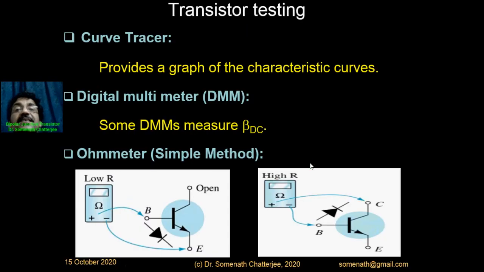Okay. Next is the transistor testing. Transistor testing is very important, to know which one is the emitter, which one is the base, and which one is the collector. Through a digital multimeter, you can easily find out.